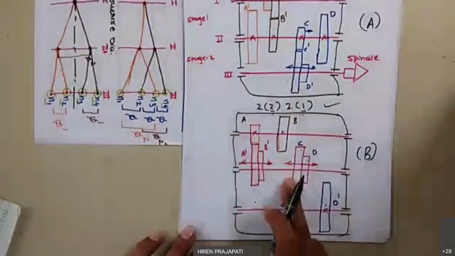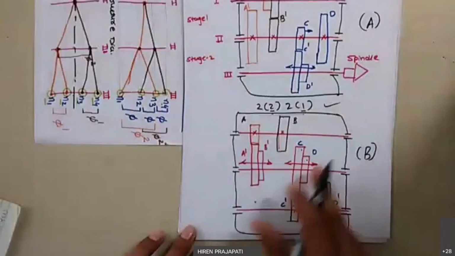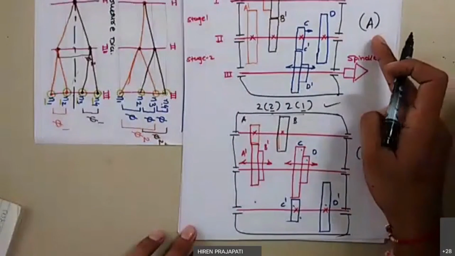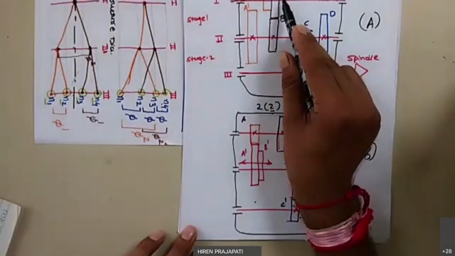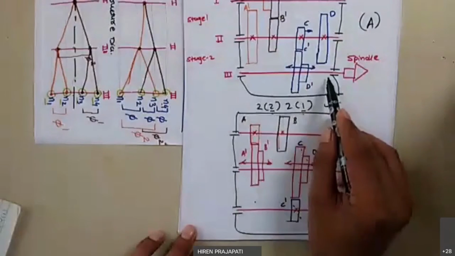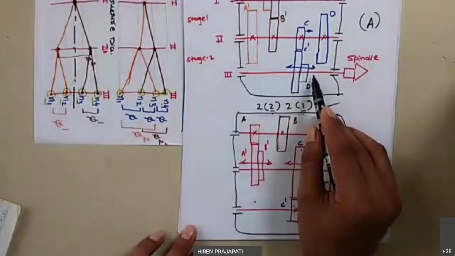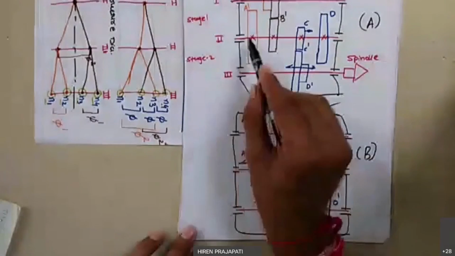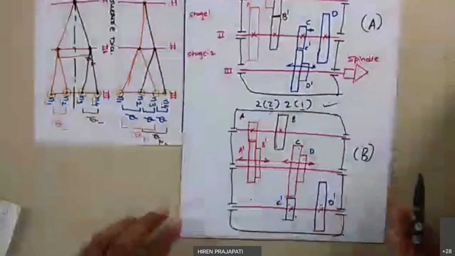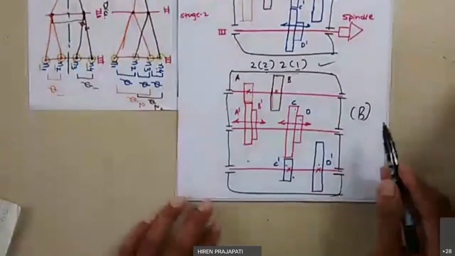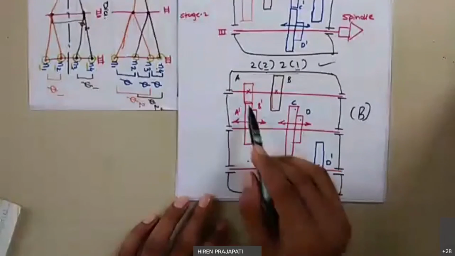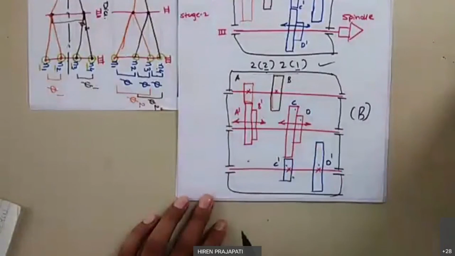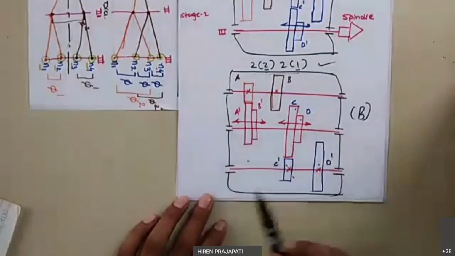Here I have shown two gearbox layouts. In gearbox A, we have the input shaft as a spline shaft. One gear cluster is kept there. The output shaft is a spline shaft, and another gear cluster is kept on the output shaft. And the intermediate shaft is the solid shaft. Instead of that, in layout B, I have considered the input as a solid shaft, the output as a solid shaft, and only the intermediate shaft as a spline shaft.